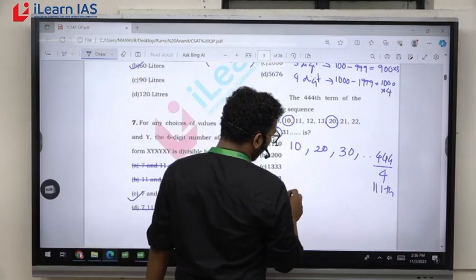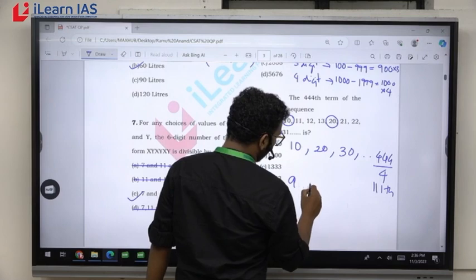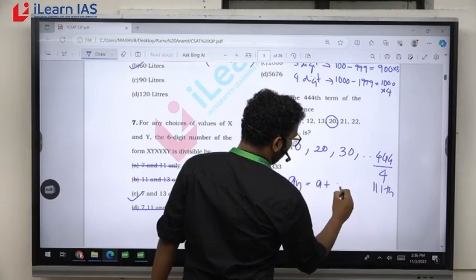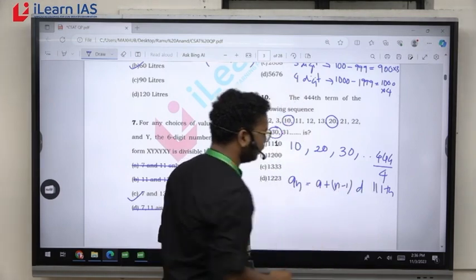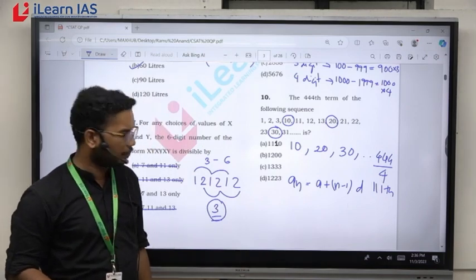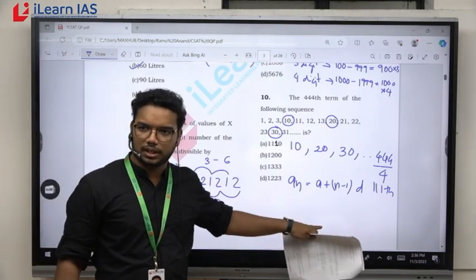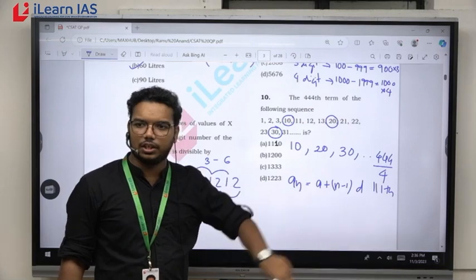Of an arithmetic progression is given by an equal to a plus n minus 1 into d, where a is the first term, n is the number of terms, and d is the common difference.